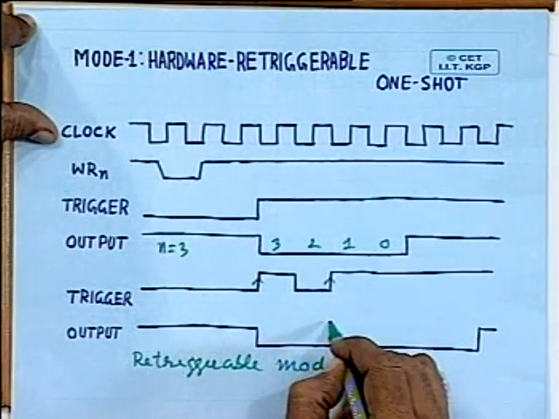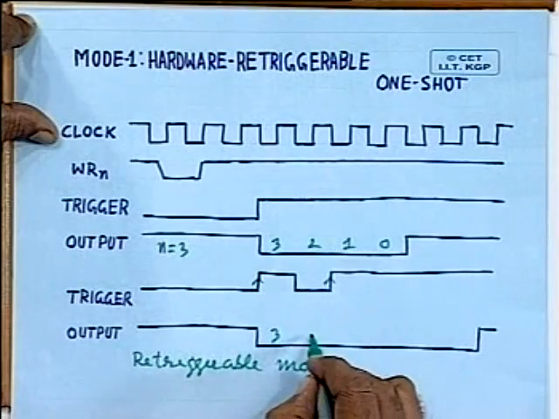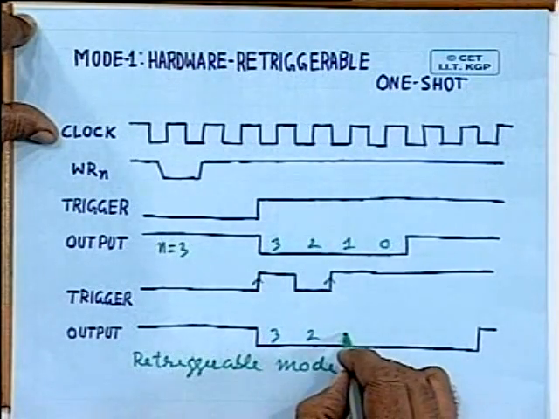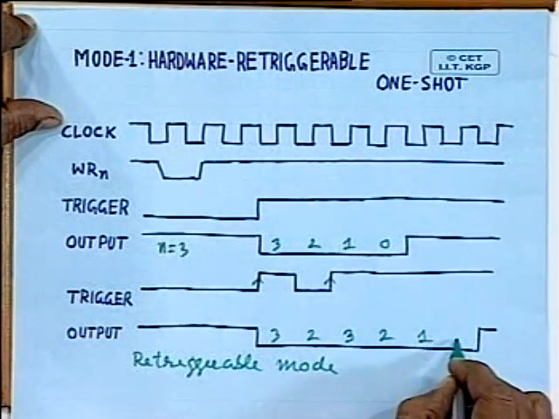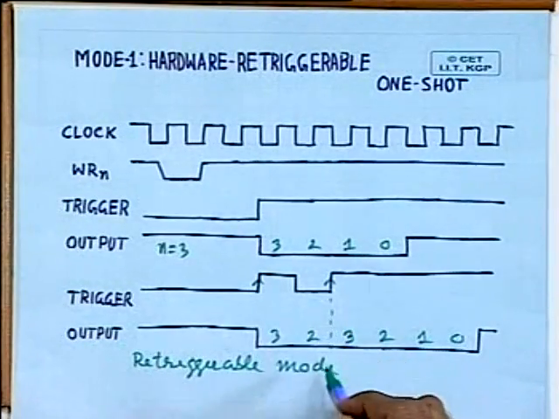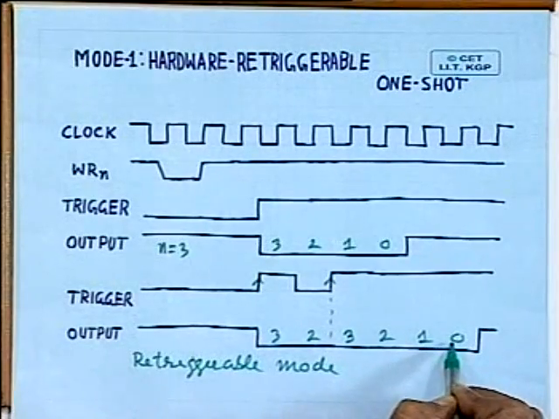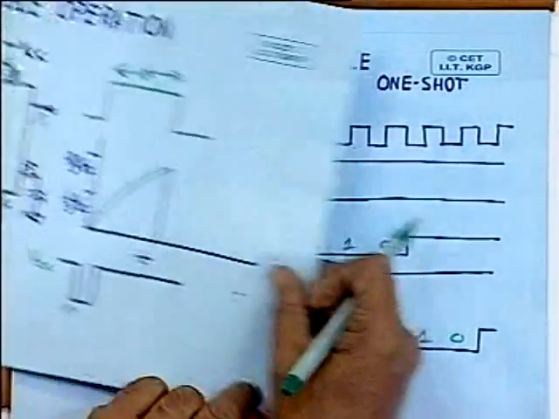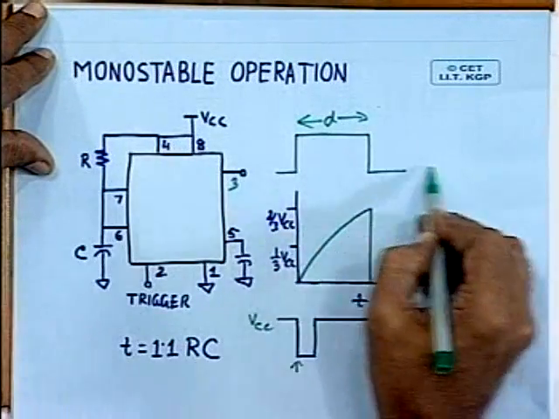At this edge again this value becomes 0. So it was 3, 2, again it starts counting down from 3. This gets retriggered. So 3, 2, 1 and 0, then it goes high. So you see, if another trigger comes, again it will start afresh. I mean in hardware operation, it can be retriggered and again the delay will be increased.